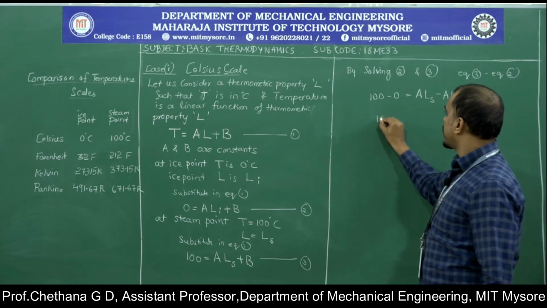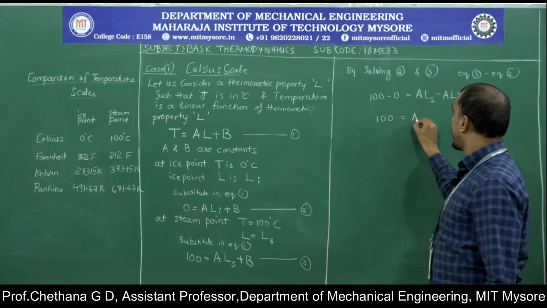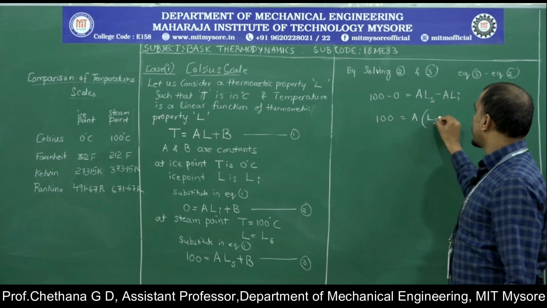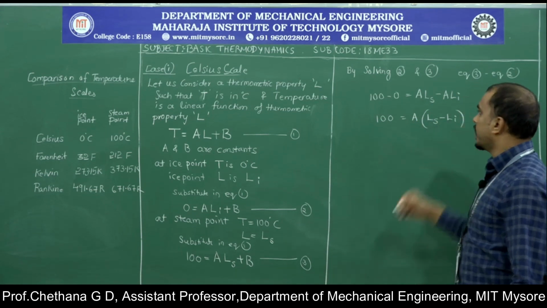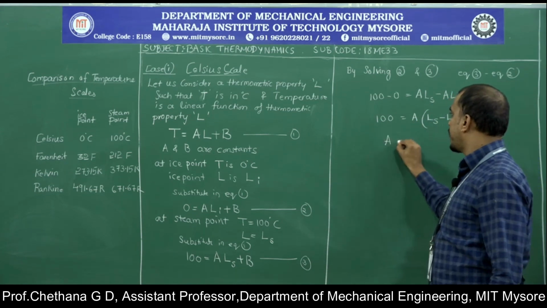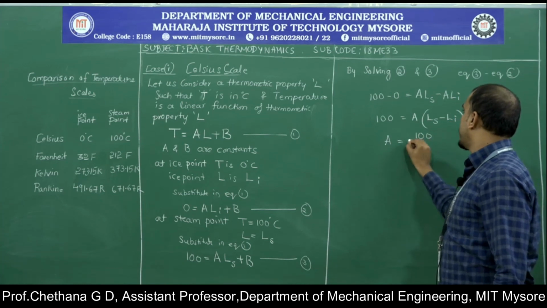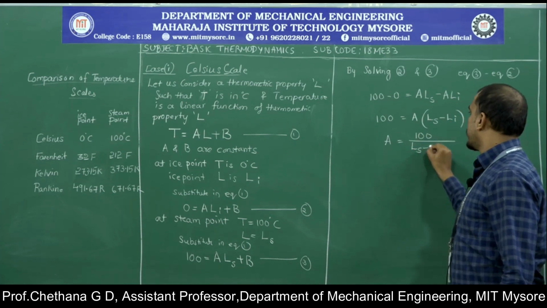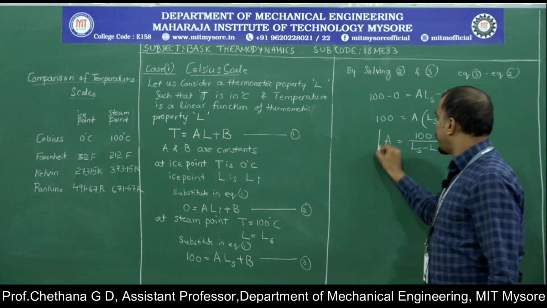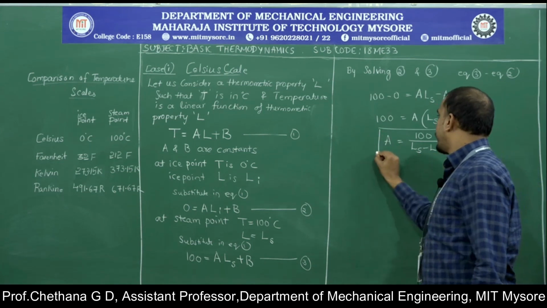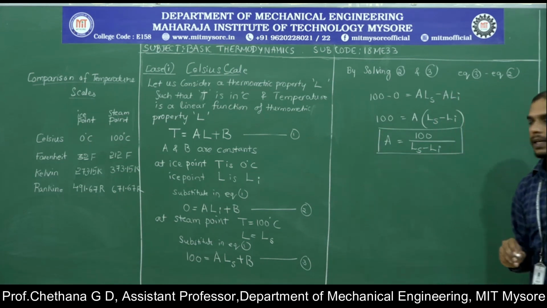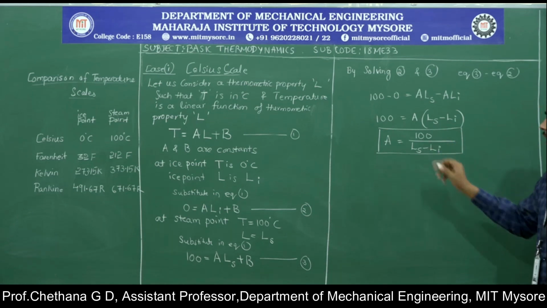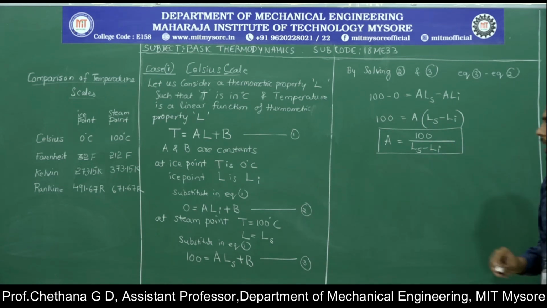What remains is 100 = A (Ls minus Li), taking A common. So the value of A is 100 divided by (Ls minus Li).